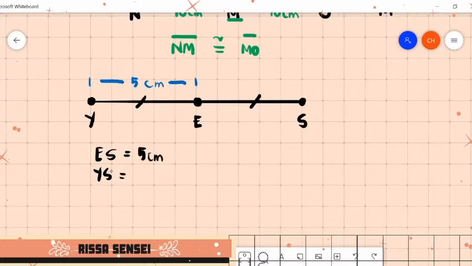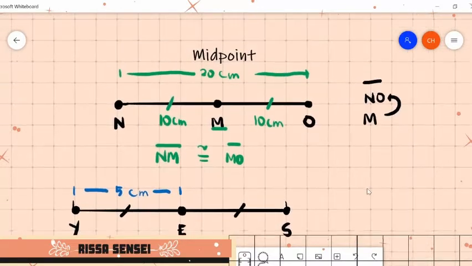Okay? How about the whole segment? Yung from point Y to point S. Ilan naman yan? So, if this is 5 and this is also 5, therefore, the whole segment is 10 centimeters. Okay? So, that's the concept of a midpoint.